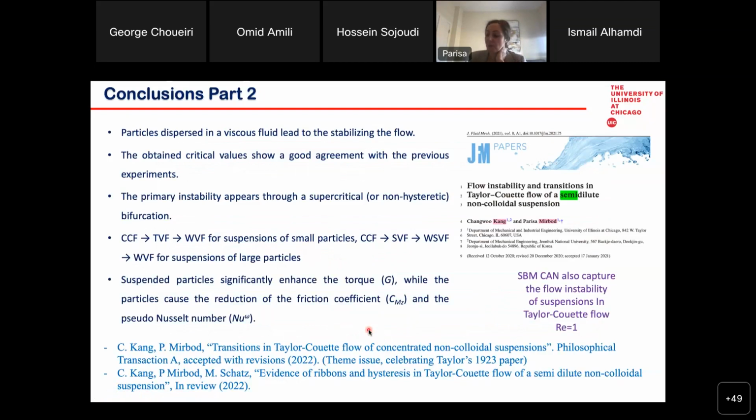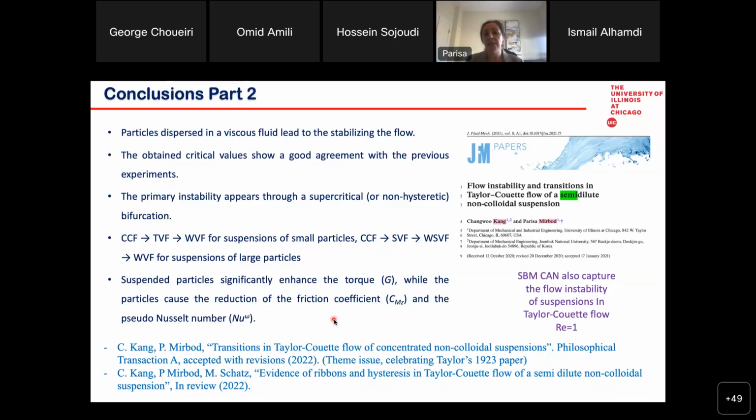So to conclude part 2, particles dispersed in a viscous fluid led to stabilizing the flow, and we also showed that the obtained critical values show good agreement with previous experiments. The primary instability appears to be a supercritical or non-hysteretic bifurcation. We also showed that the torque, friction coefficient, and pseudo Nusselt number are all impacted when you add the particles.